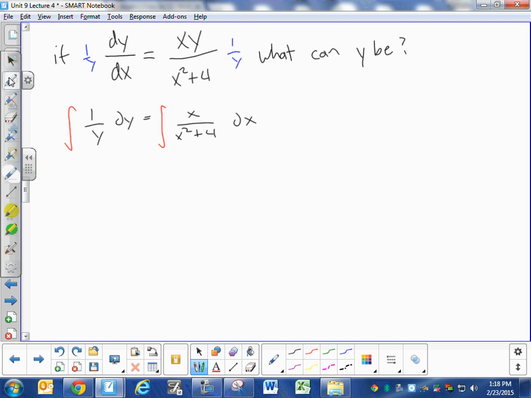Ready to go from there. Need to use U-Substitution for that right side.